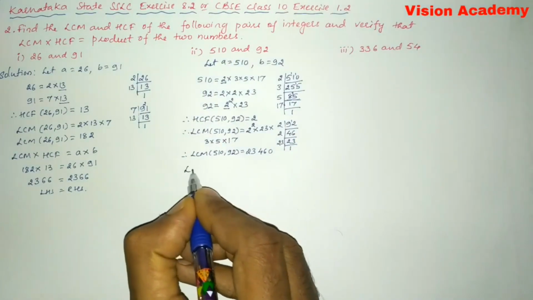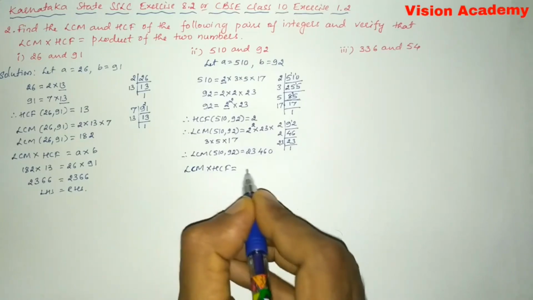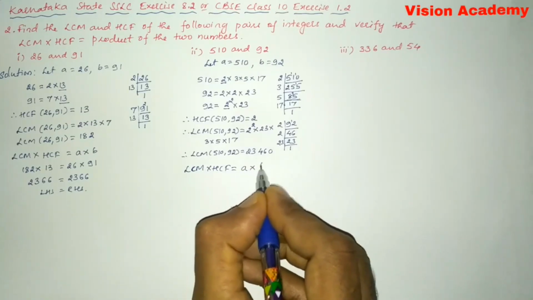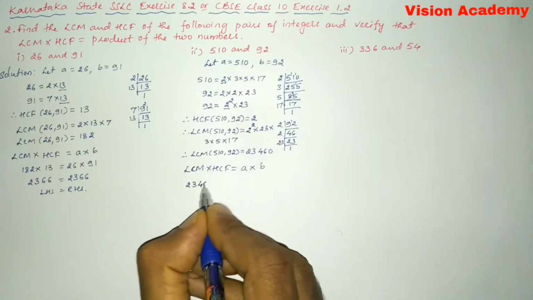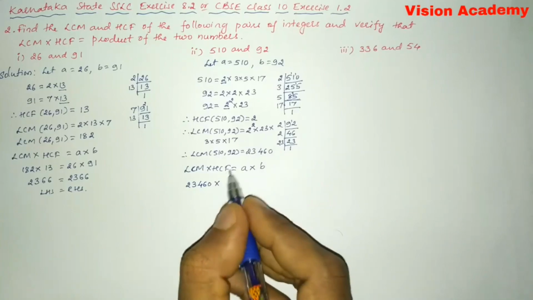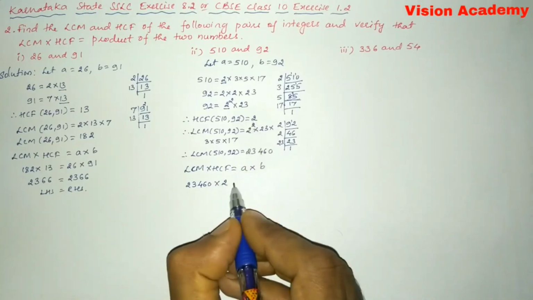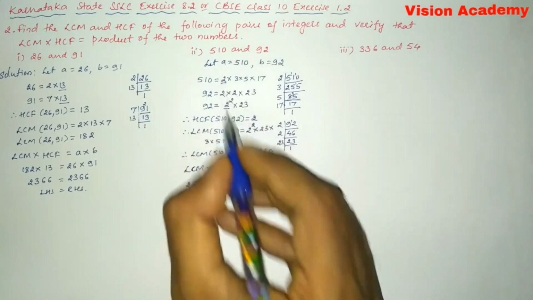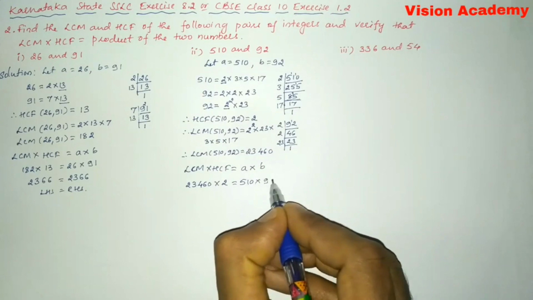Now let us verify LCM into HCF is equal to product of two numbers or not. Here LCM into HCF is equal to product of two numbers, A into B. So here LCM is 23,460 into the HCF is 2. Now A is 510 into B is 92.